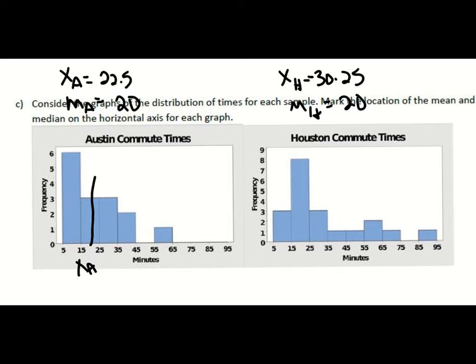So this is 22.5. So my mean was a little lower. And then here's my median, and then my mean is a little higher for Houston.